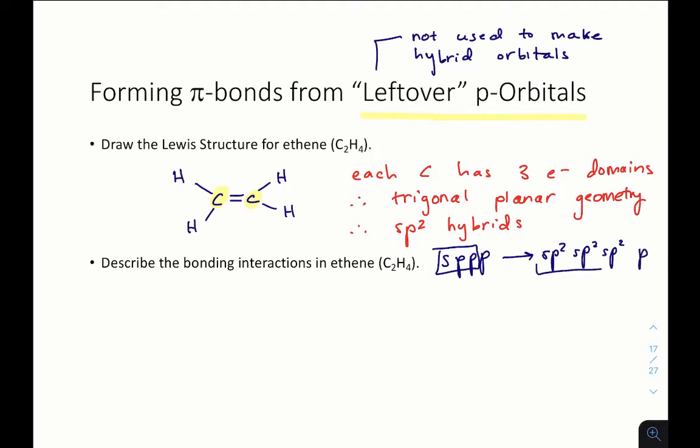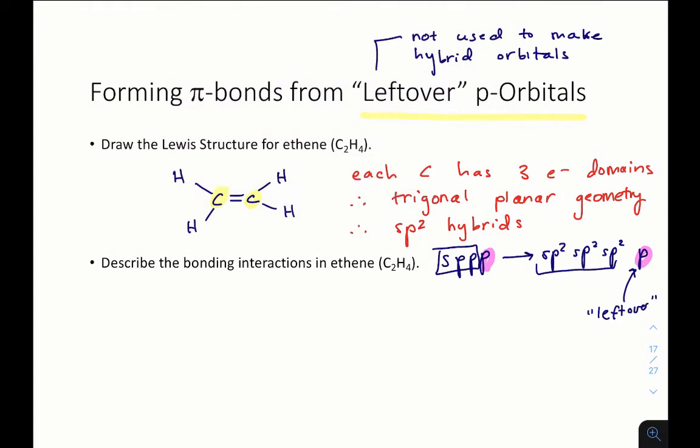These 3 hybrid orbitals are all located in the same plane at a 120-degree bond angle to one another. sp2 hybridization explains observed trigonal planar geometry. There was one p orbital that was not combined to make the hybrid orbitals, and it's this p orbital that I refer to as leftover. It is at a 90-degree angle to the hybrid orbitals.